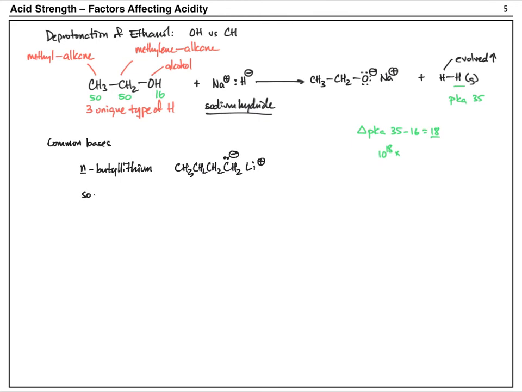Another common base is called sodium amide, and that's the conjugate base of ammonia. So Na plus NH2 minus, that's sodium amide. And as we just saw, sodium hydride, that's the conjugate base of hydrogen gas.